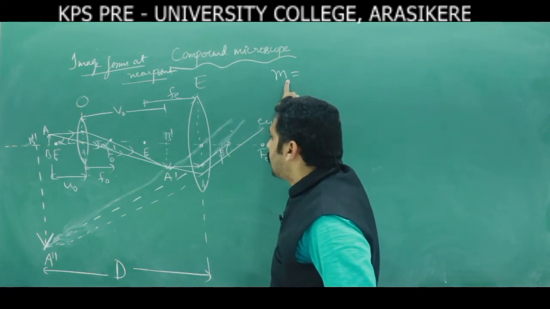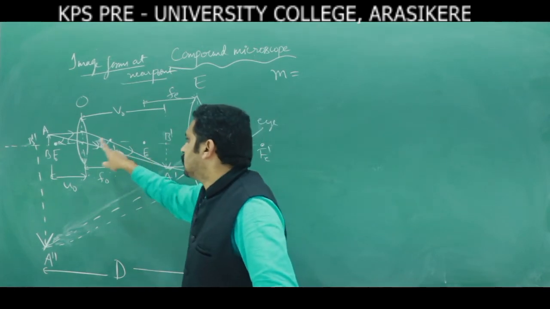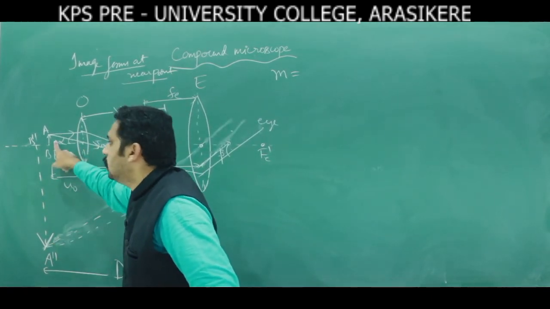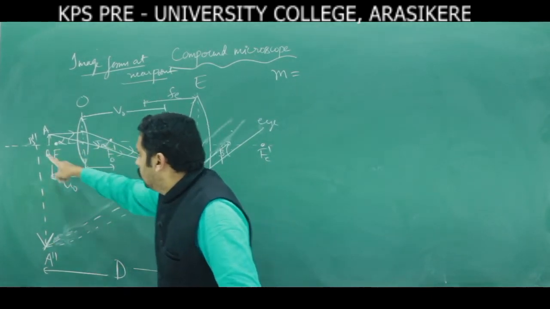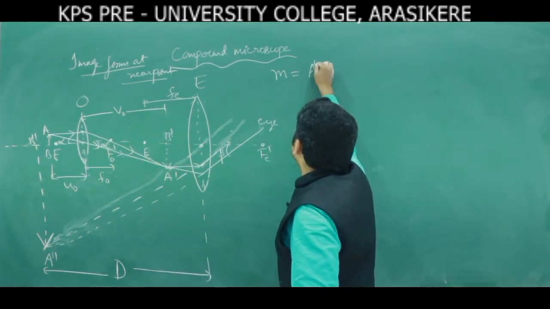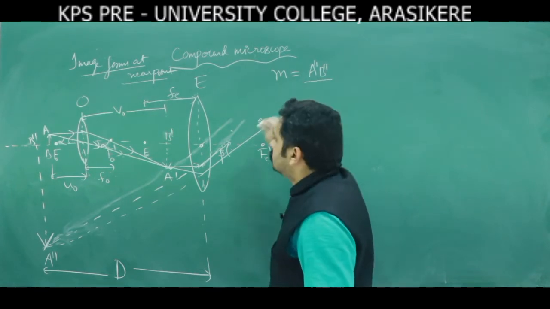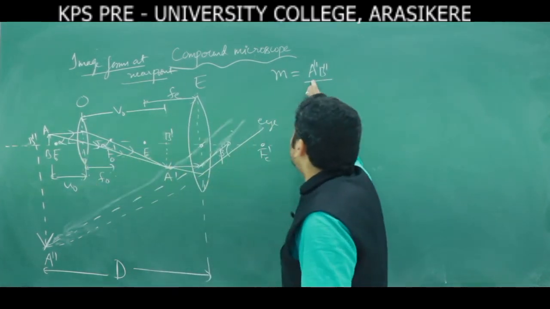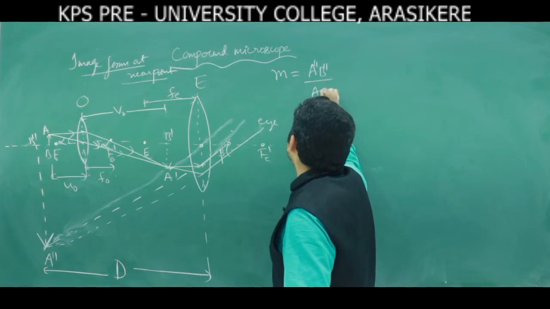Here what is the magnification? We know that it is the size of the image to the size of the object. Here which is the final image? A double dash, B double dash. Size of the final image to size of the object: A double dash, B double dash by AB.